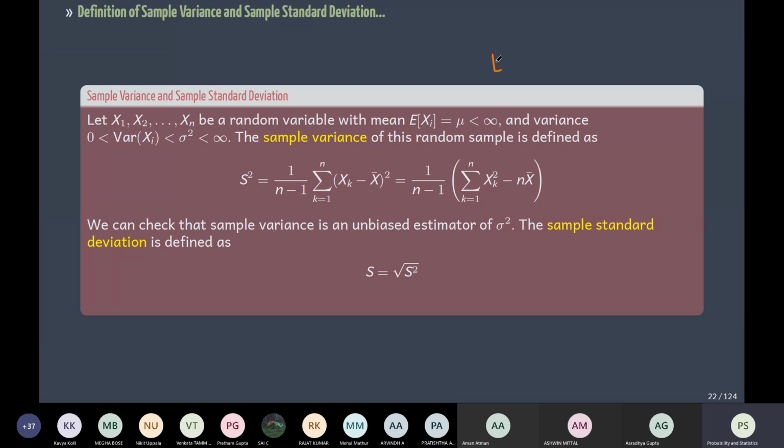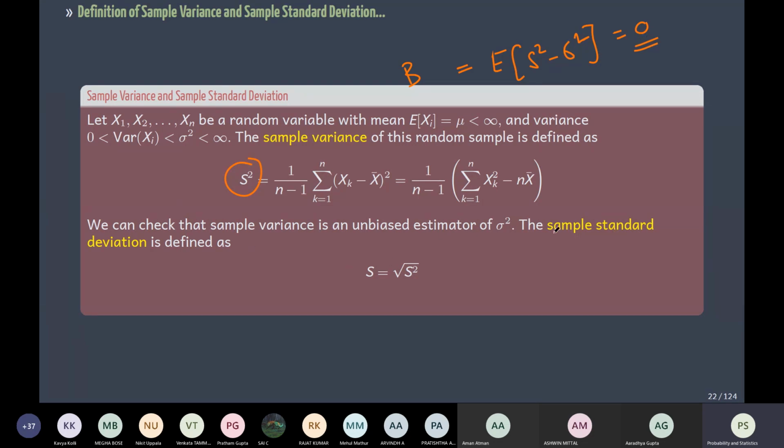In other words, the expectation of the estimator minus sigma squared is our bias, and this should be 0. So that's a check you can do later: if we define our sample variance to be like this, then the bias is going to be 0.